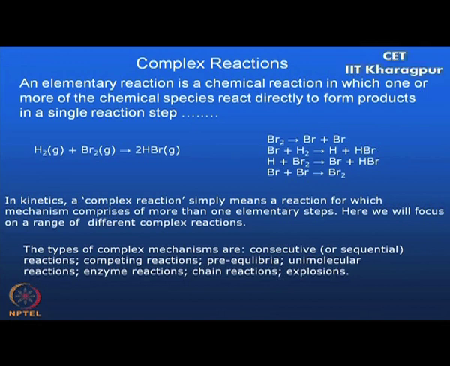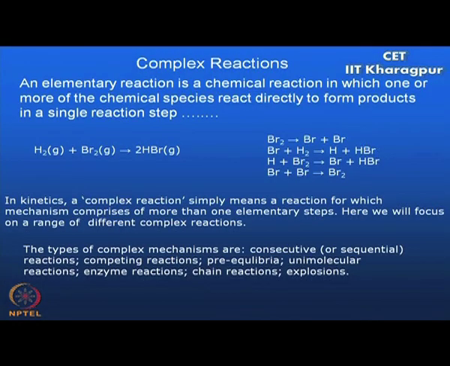The types of complex mechanisms are, for example, consecutive reactions, also called sequential reactions. Then competing reactions, where one reaction is competing with another. Consecutive means A gives rise to B and then B gives rise to C. So, consecutive, that is sequential, A to B to C, is a sequential process.